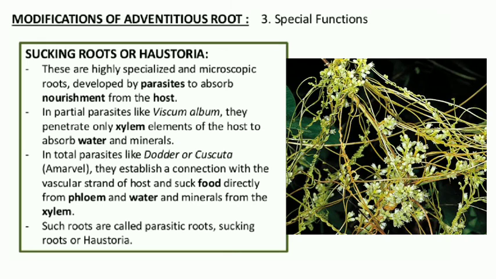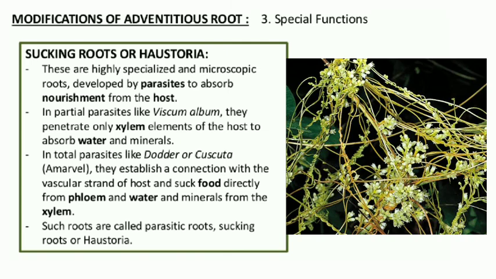As a result, they enter the xylem to absorb water, and they enter the phloem to absorb the food, right? So these roots are called parasitic or sucking roots, also called haustorial roots.